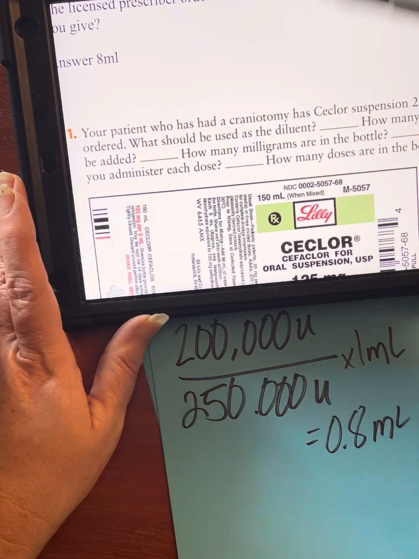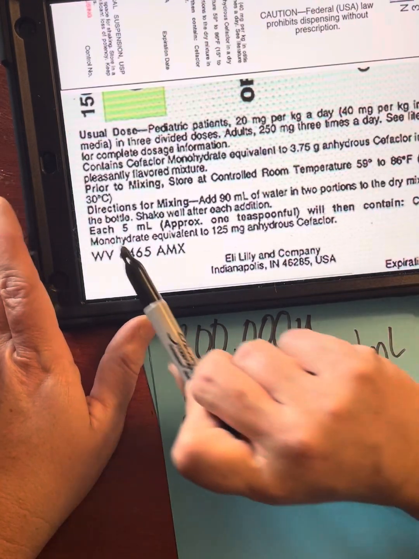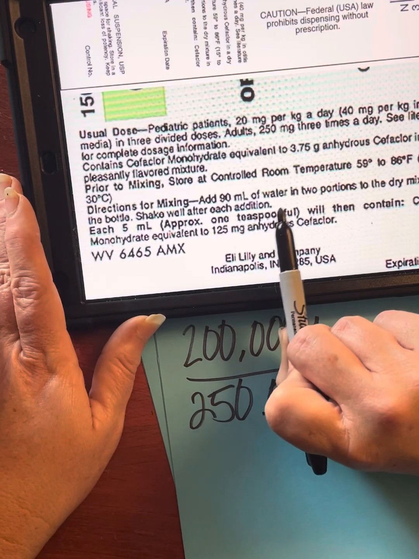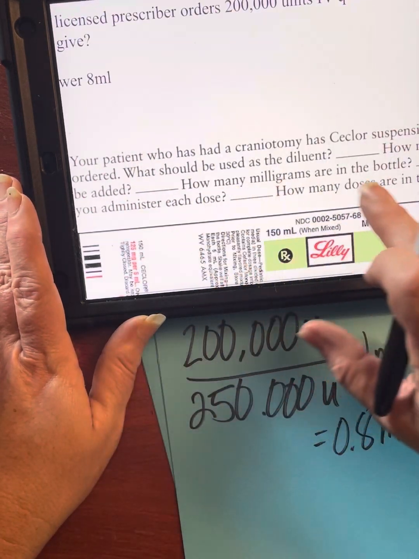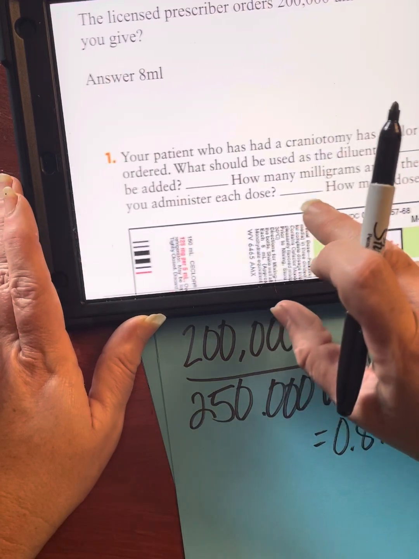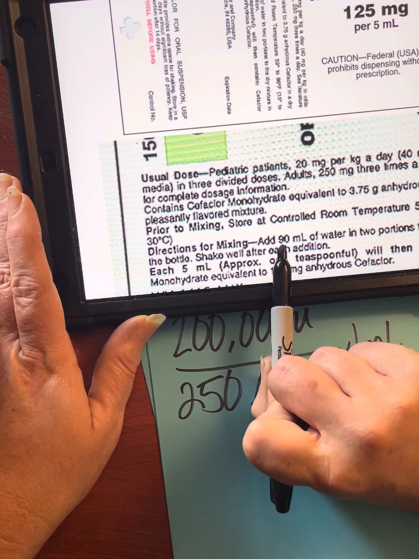What should be used as the diluent? It tells you back here, directions for mixing. Add 90 milliliters water. So water is what needs to be used. That's the diluent. How many milliliters of diluent should be used? And it said 90 of them.